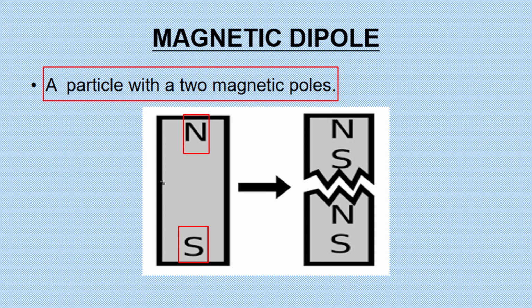In case you try to break apart these two poles, you break the magnet into two pieces. These two pieces are again magnets. This huge magnet is broken into two other magnets, the first portion having a north pole and south pole, and similarly the second portion having a north pole and south pole. Hence, a magnet always exists in a dipolar form. We can never separate the north pole or the south pole of a magnet.